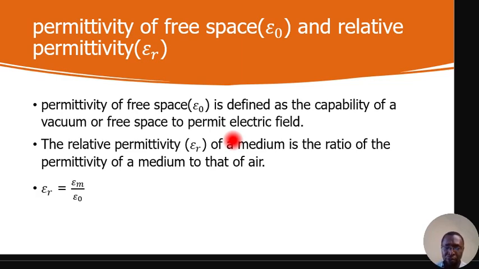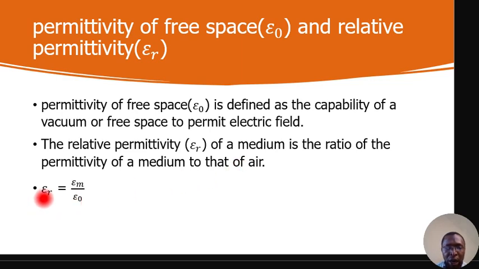Its permittivity. All right. So it's denoted with epsilon naught, but we also have what we call the relative permittivity, which is epsilon r. The epsilon is a Greek symbol. This relative permittivity of a medium is just the ratio of the permittivity of a medium to that of air.